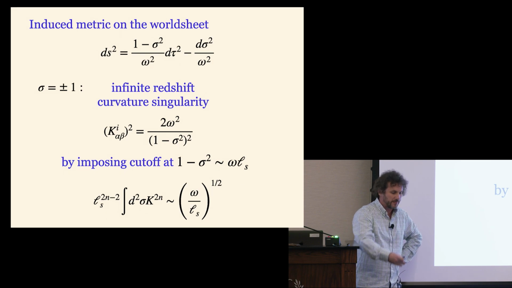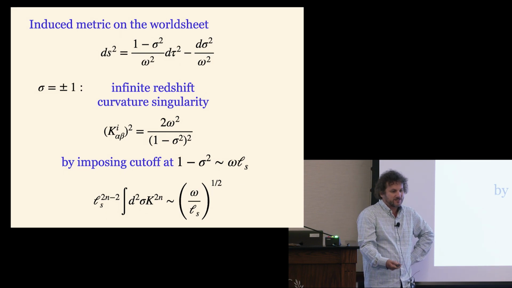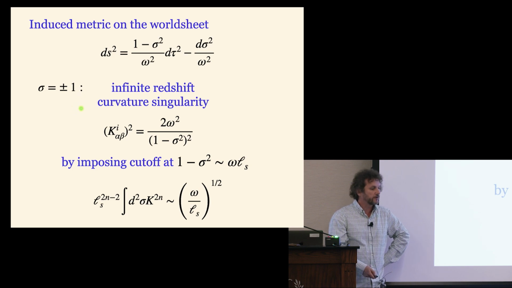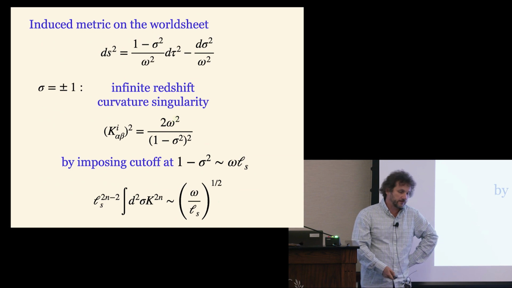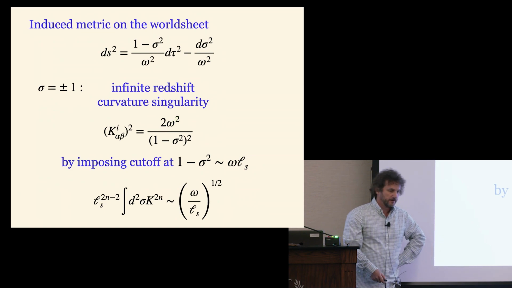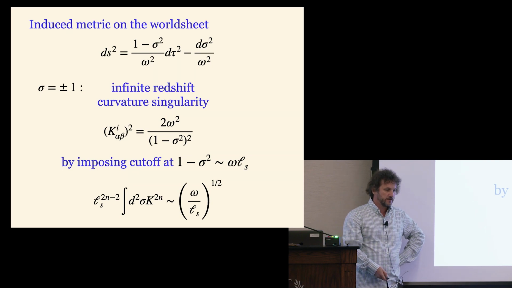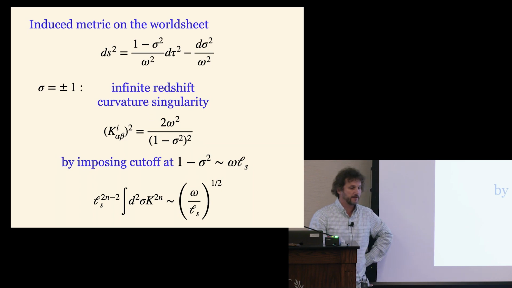So it's a little bit like a black hole horizon, but it's not a horizon. It's an actual curvature singularity. One can calculate. Here I calculated the square of the extrinsic curvature, but one can also calculate the induced scalar curvature on the worldsheet. And all these curvature invariants blow up at the endpoints.